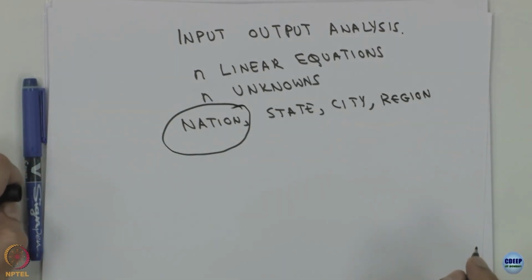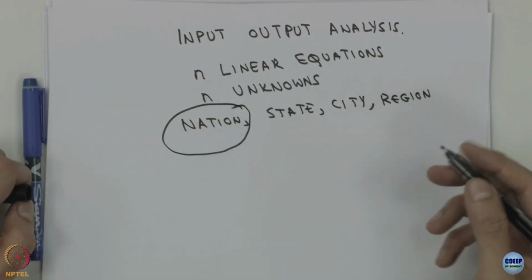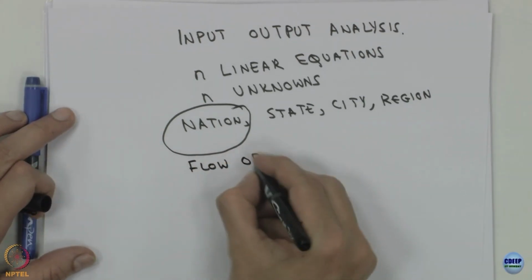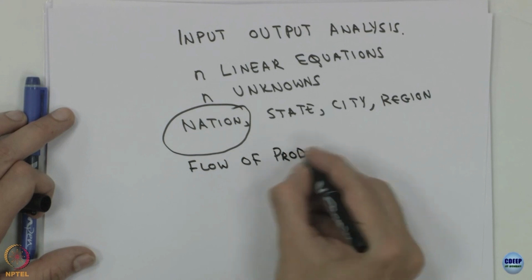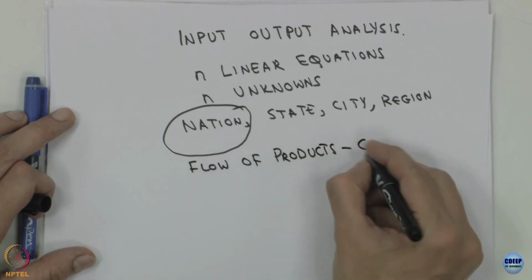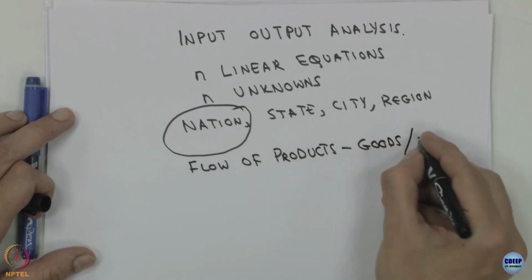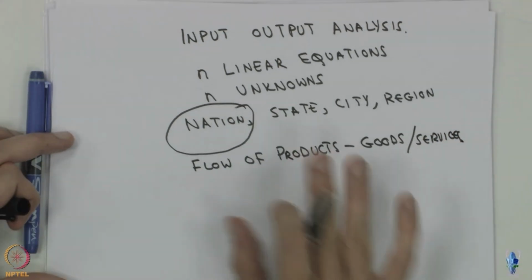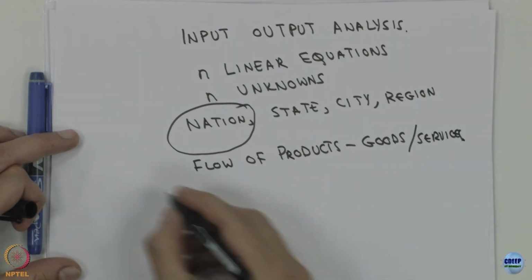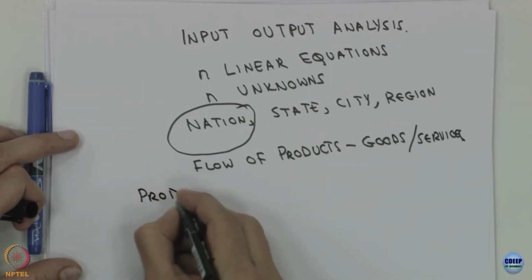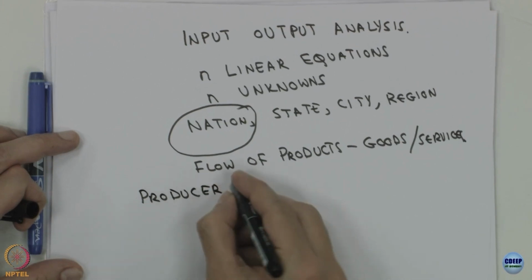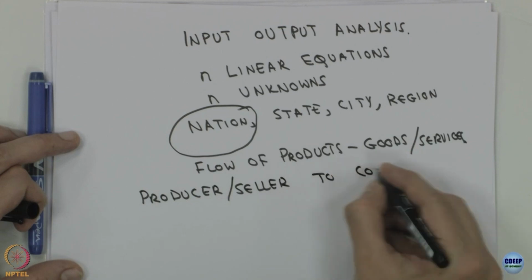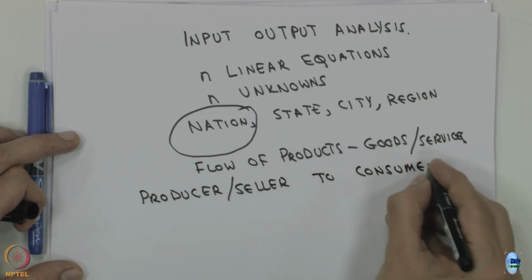So in any economy, there will be the flow of products, or goods and services. These flows are from the producer or the seller to the consumer or the buyer.